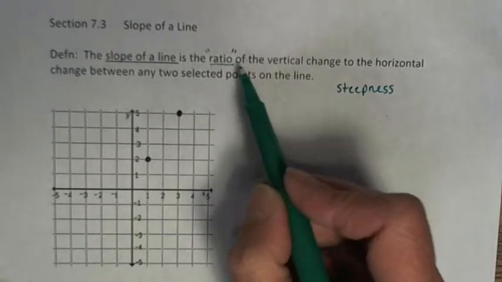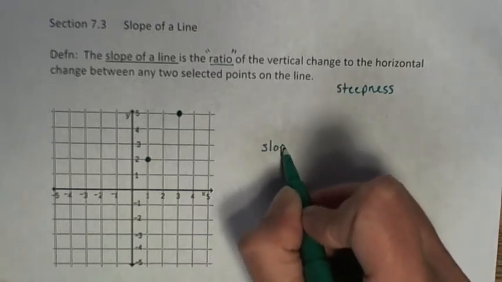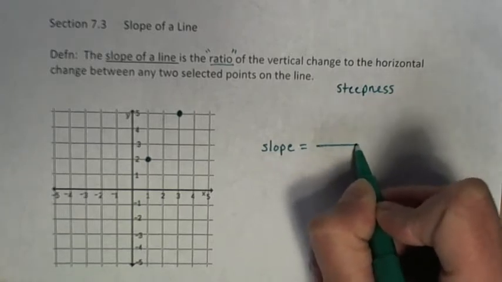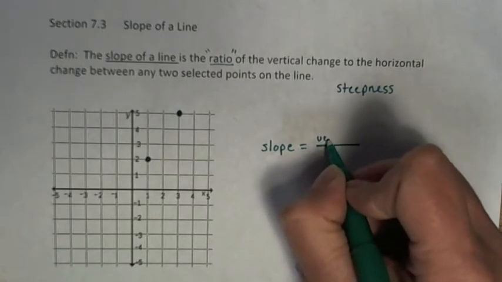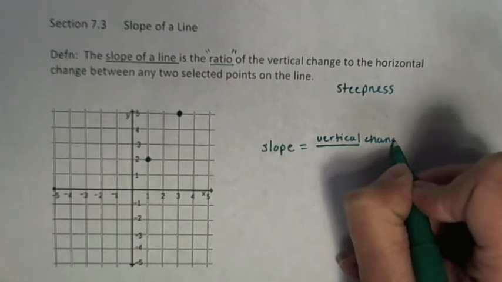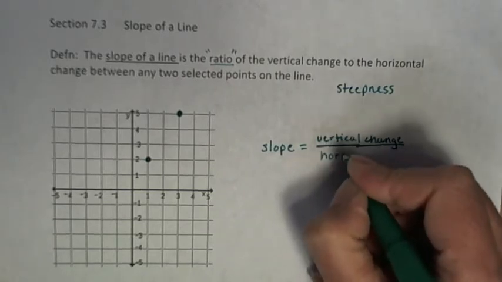Now notice it says it's a ratio. So that tells me then that slope is equal to a fraction of some sort. And on top of that fraction is the vertical change, and on the bottom of that fraction is the horizontal change.